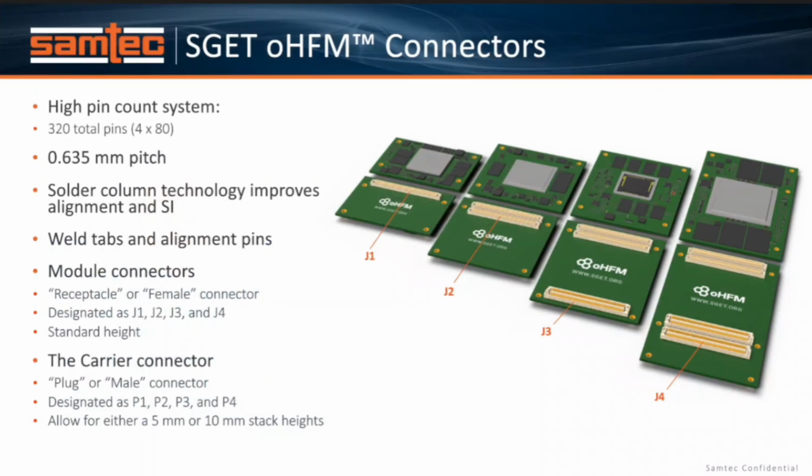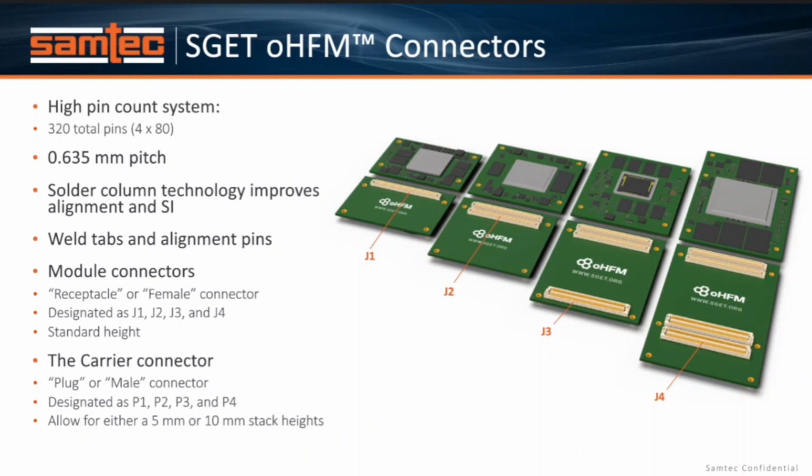As Shamim said, we just wanted to provide a little bit more detail on the connector technology that's used on SGET oHFM. Shamim hit several of the high points. We just want to supplement that with a little more information to show why the particular interconnect technology was chosen for SGET oHFM applications.